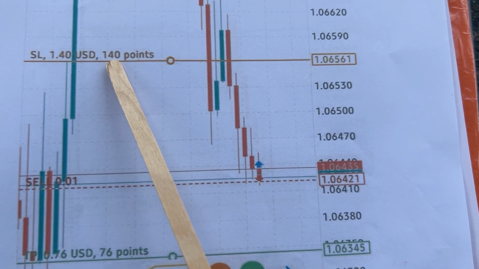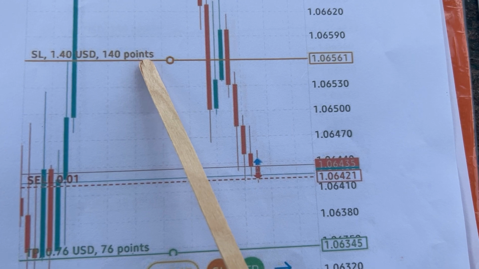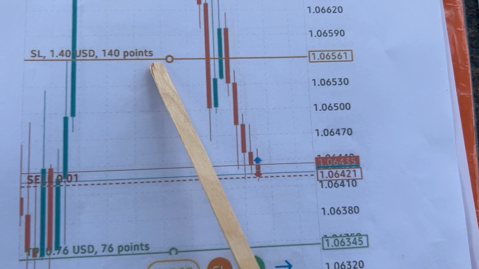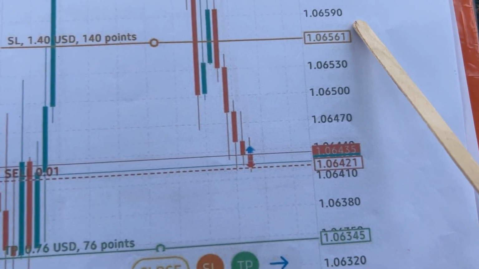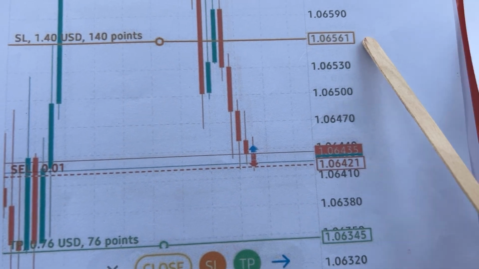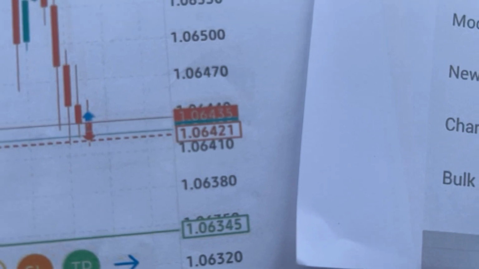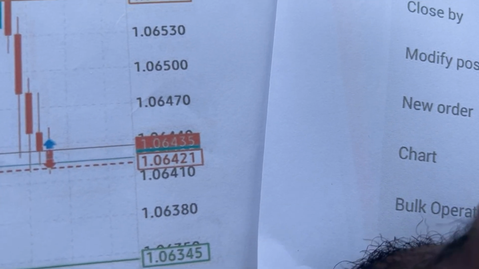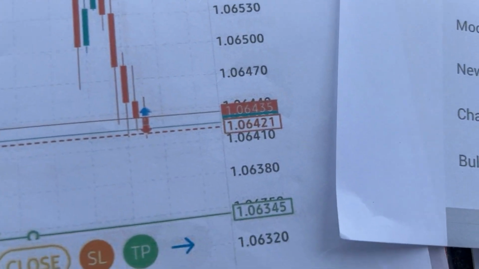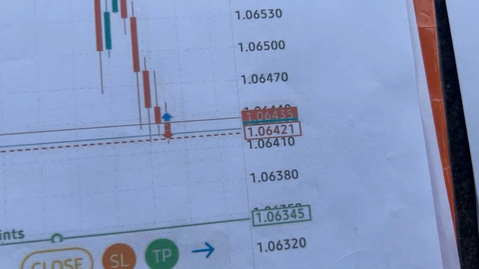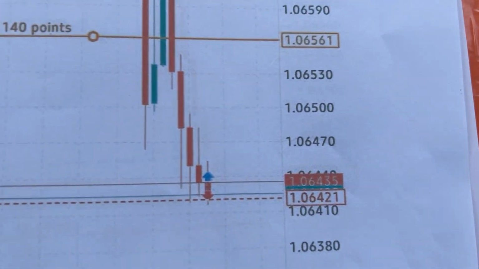We have a difference of 140 points. However, when you subtract from this price to this price below here, you will see that we have different numbers. What do I mean by different numbers? Here's what's happening.